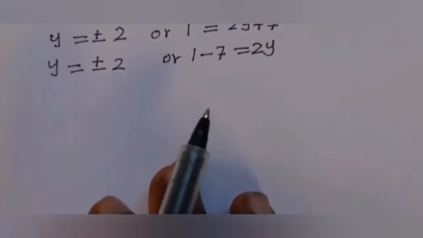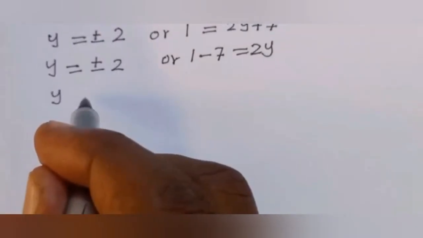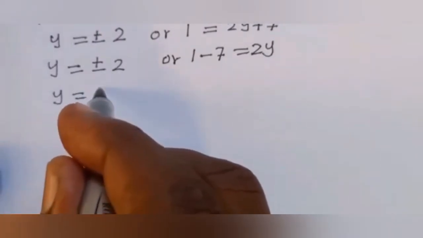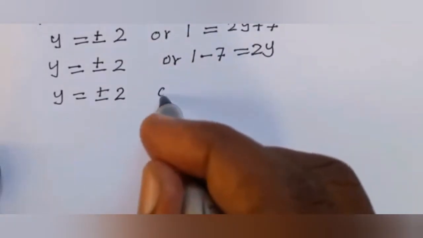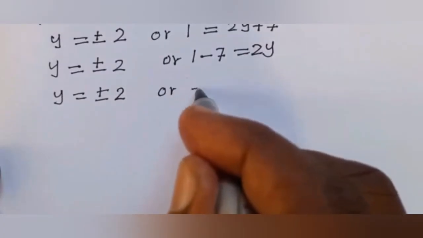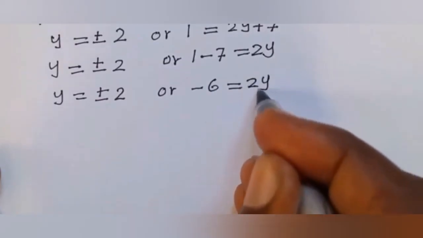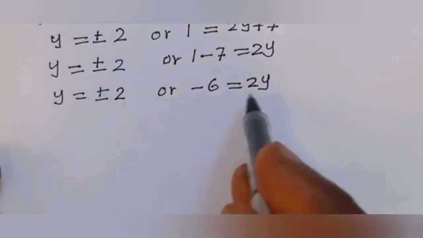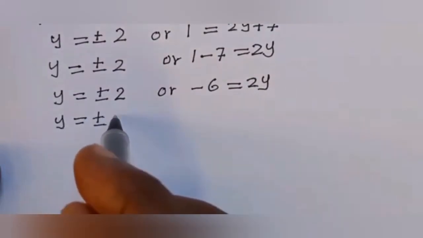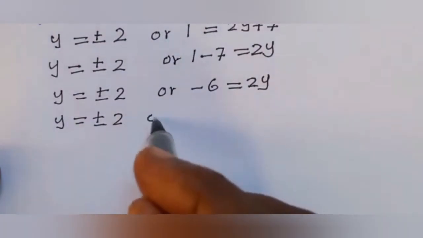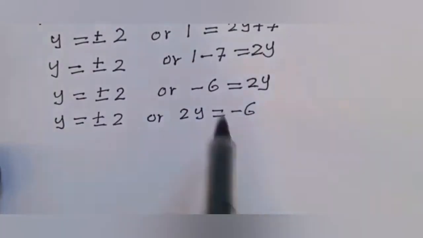So we have y equals plus or minus 2 or negative 6 equals 2y. Rearranged, this can be written as y equals plus or minus 2, or 2y equals negative 6.